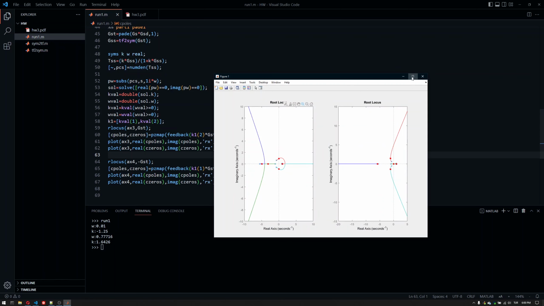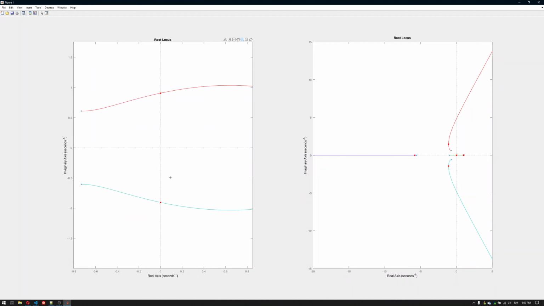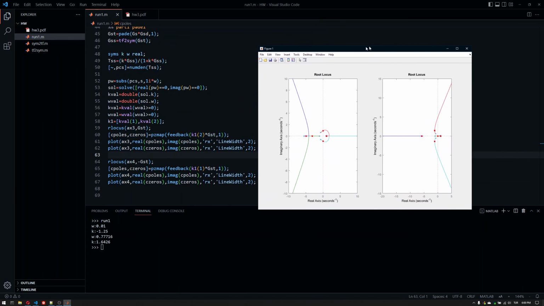Now this is basically the root locus of the Padé approximation, the first order Padé approximation. Now we can see that we have a crossing here, and another crossing which we've captured here, and there's also another crossing which we didn't bother with because that's not in the stability interval. We're already in stability.